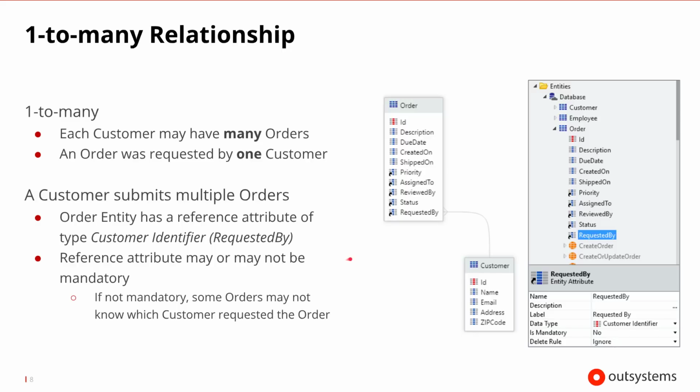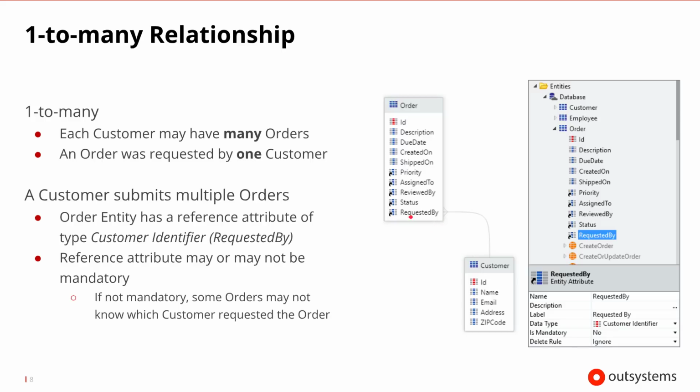But in this particular case, we can see that there's a customer, there's the order, and our entity diagram shows the relationship with the line, and here we see a little triangle or three different lines, and that shows that customer is the one, and a customer can have many orders. And the way it can have many orders is the line actually comes into the requested by. So the requested by is the customer.